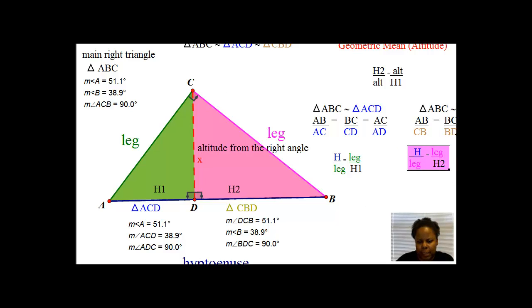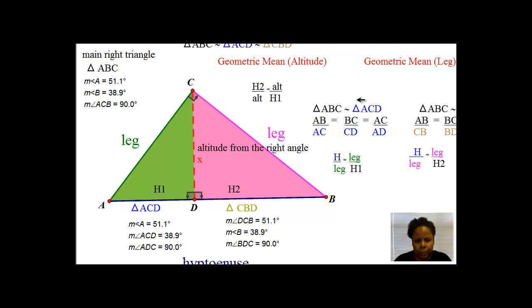And BD down here represents the part of the hypotenuse that's adjacent to the leg we talked about. So this results in our geometric mean leg theorem, and it looks something like this. The only difference between these two is which leg you're dealing with, which will determine which part of the hypotenuse you're working with.